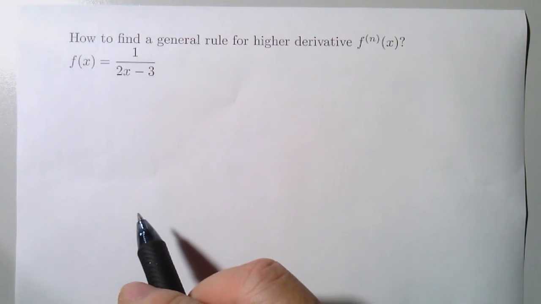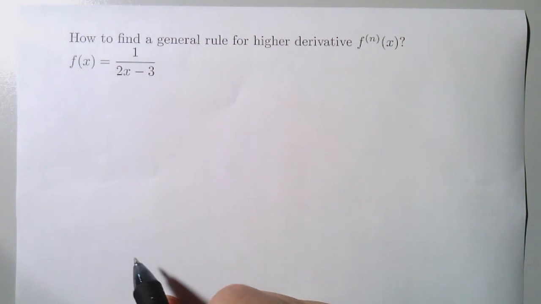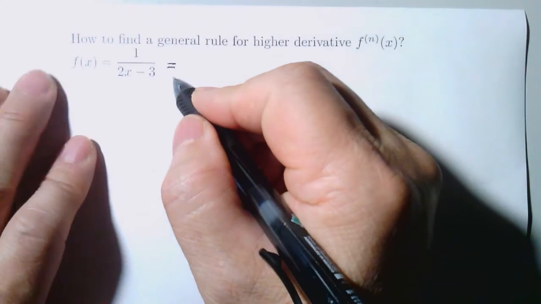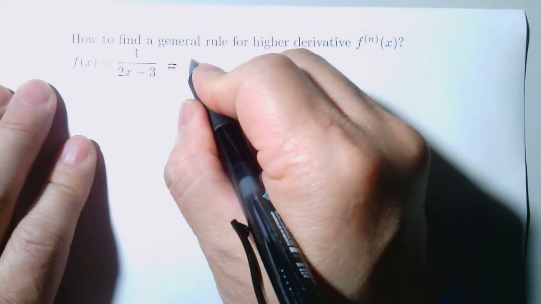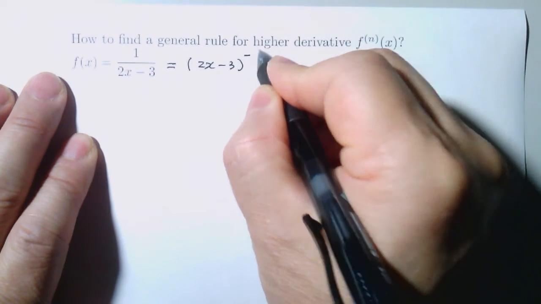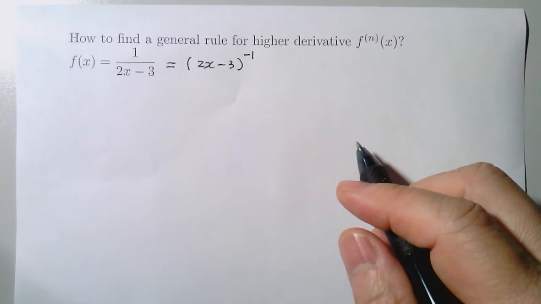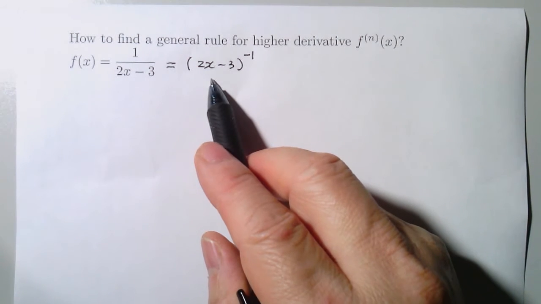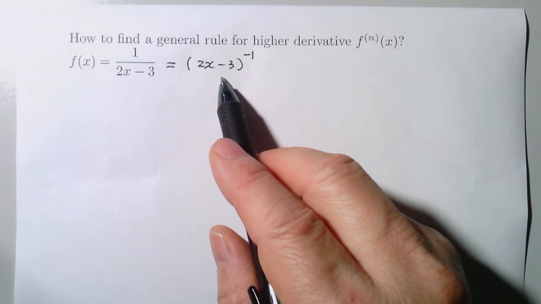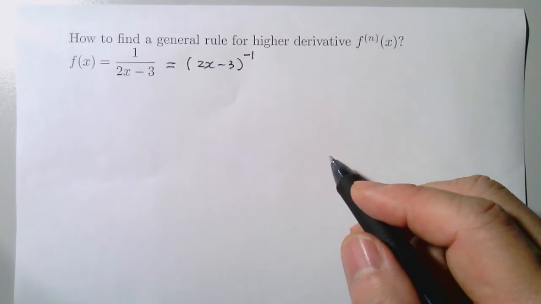So instead, we rewrite this function as 2x minus 3 raised to -1. In this way, we can apply the so-called generalized power rule to find its derivative.